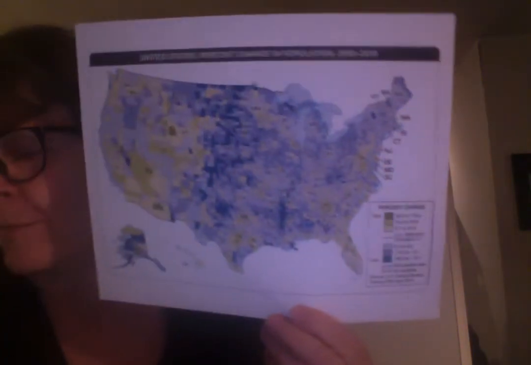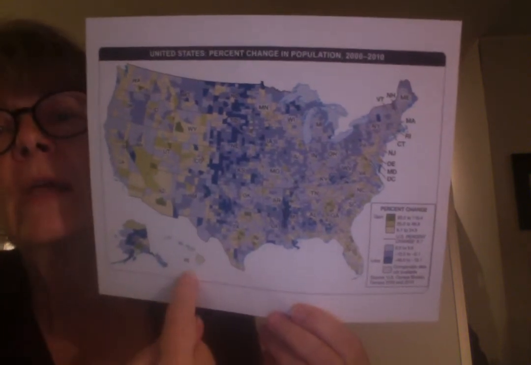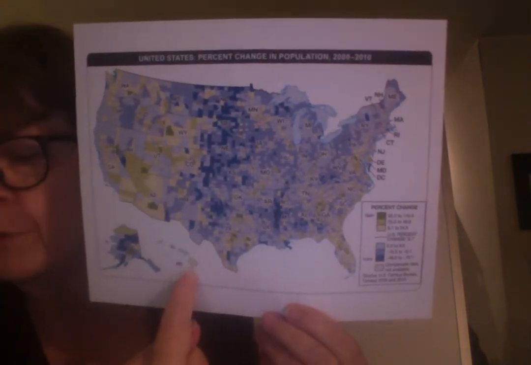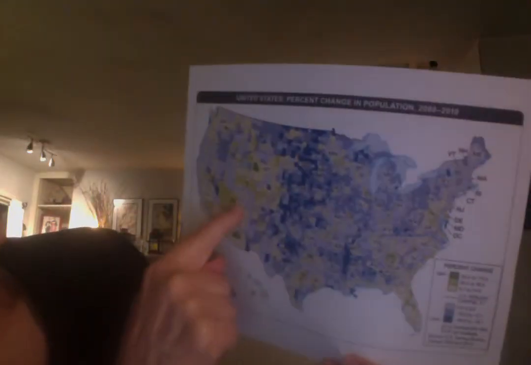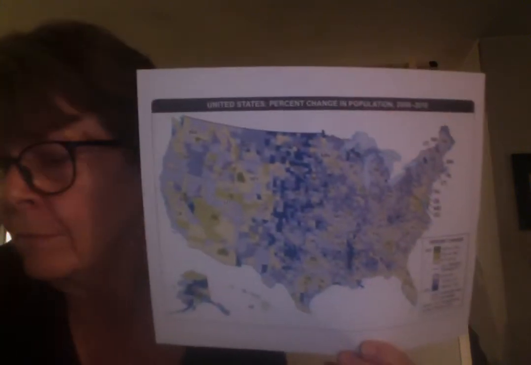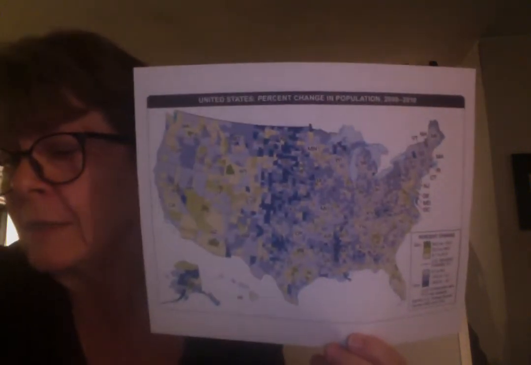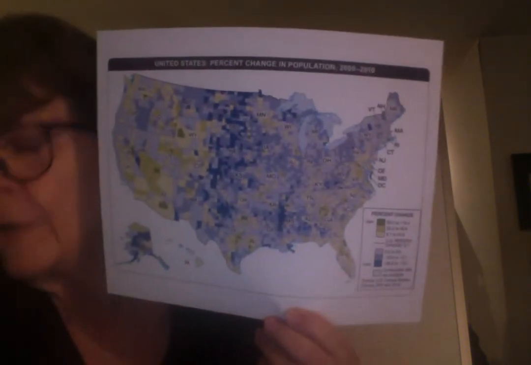All right, now the hard part is we have to know where the states are. So here's Hawaii out there. There's almost no dark blue there, so it can't be that. Where's Utah? Utah is right here. So there's not a lot of dark blue there. The second one said Florida, sorry. Not a lot of dark blue there.